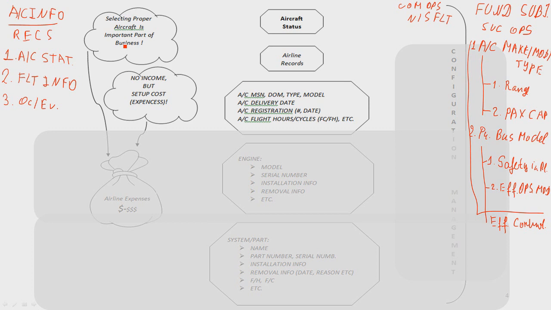So approximately 15 years ago, an investor approached him and asked him to help from the technical side to establish a new airline. The investor even said, you know what, I have already selected an aircraft and I have a plan. Then the investor said the aircraft type and model.